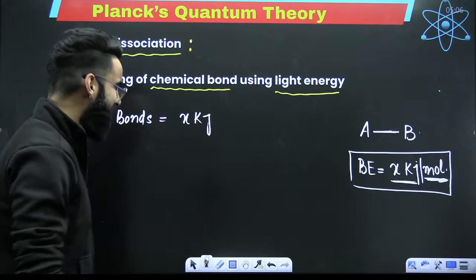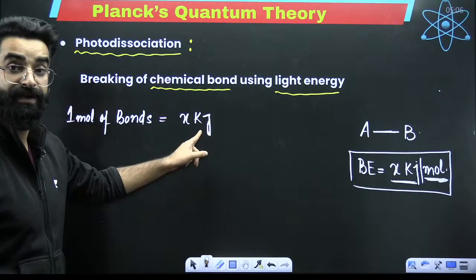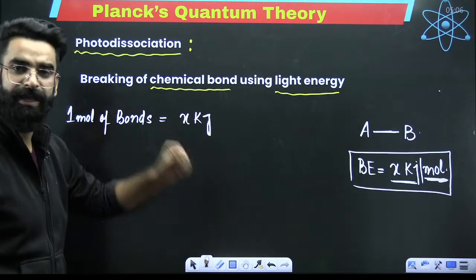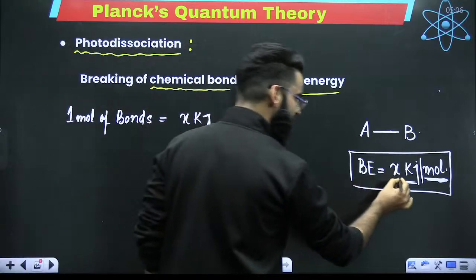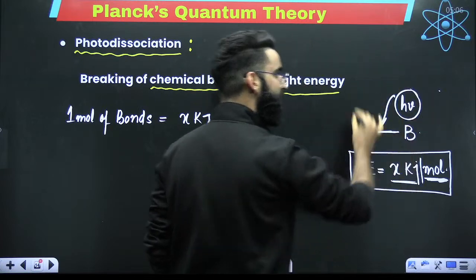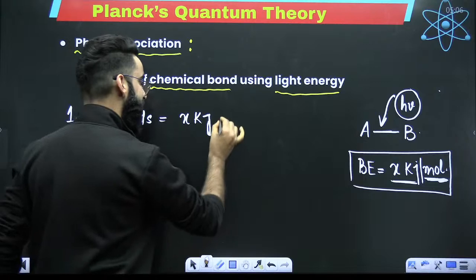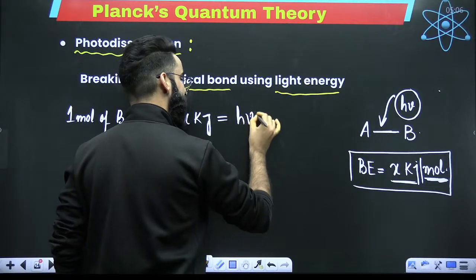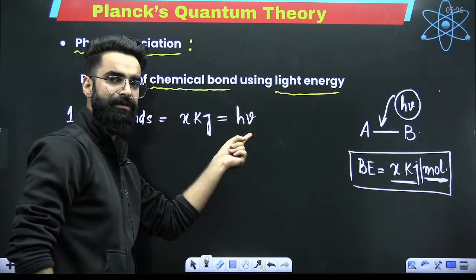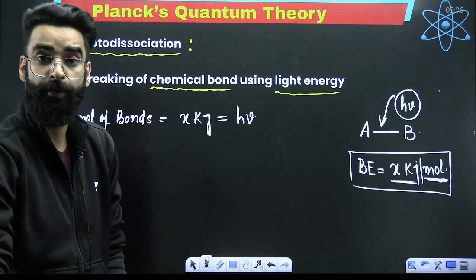Now, my dear students, imagine that this much amount of energy, which is required to break 1 mole of bonds, I'm supplying in the form of light, in the form of H nu. So can I say the bond will get broken down? Absolutely. The bond will get broken down.